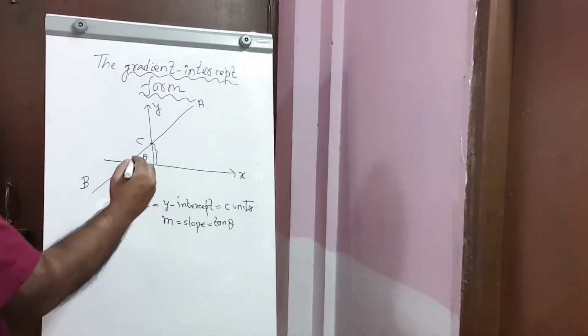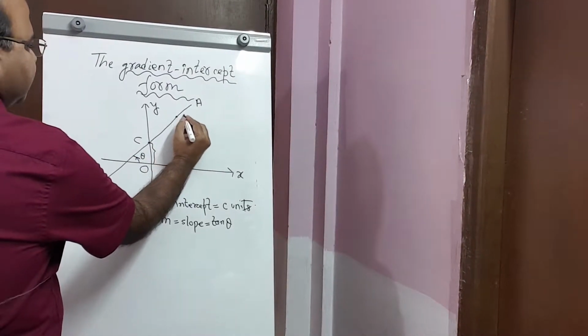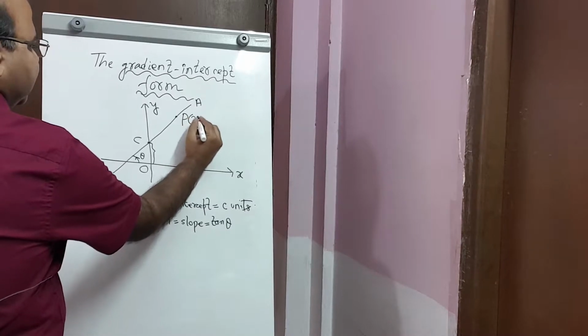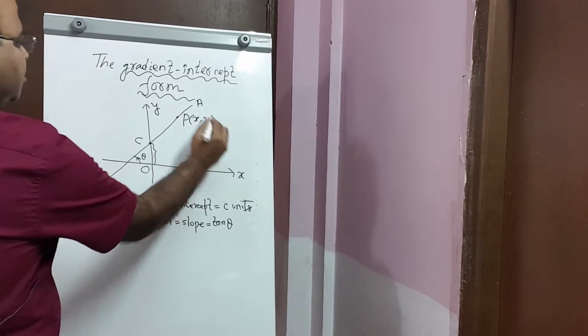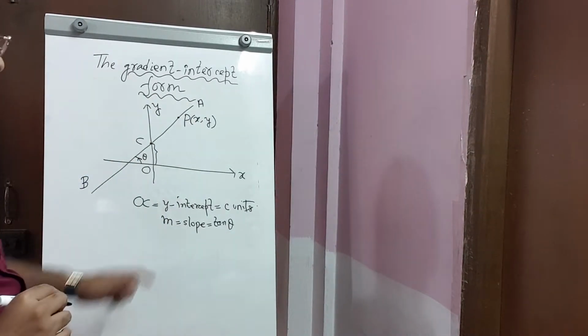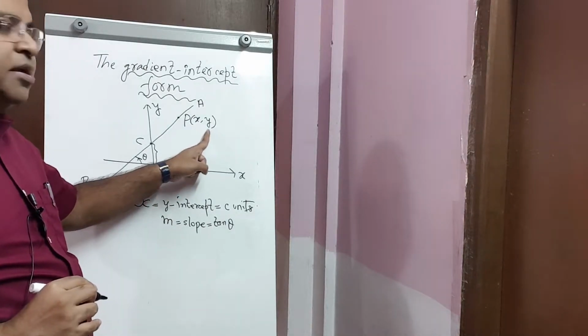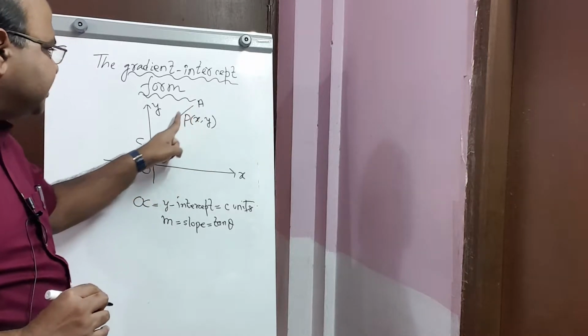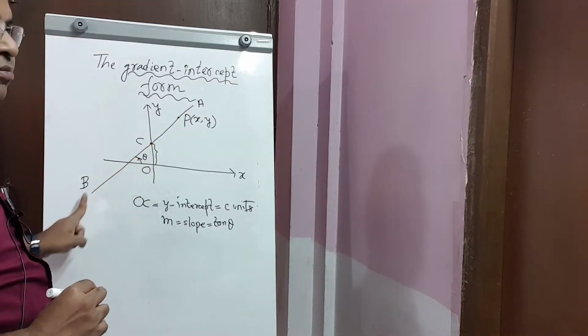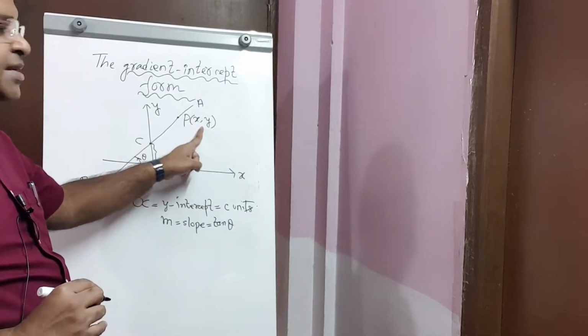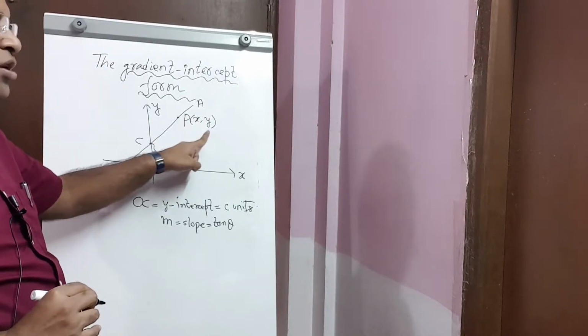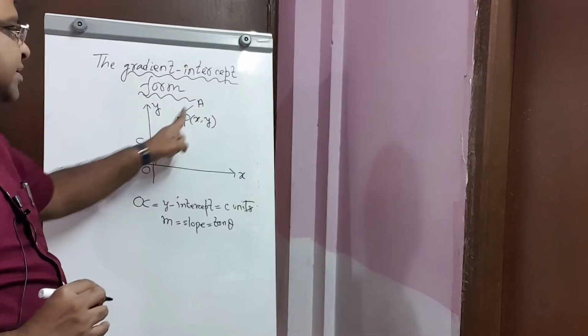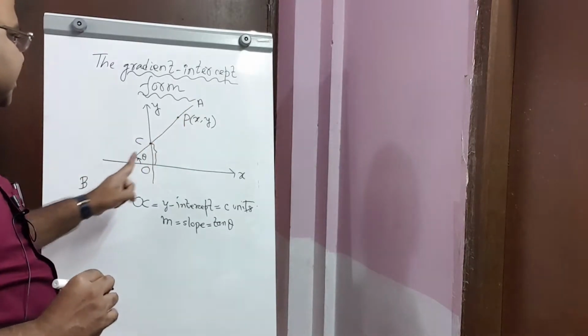Which means if I choose an arbitrary point, say P, x comma y, on this line, we have to establish a relation between x and y such that this relation is satisfied by each and every point on this line. Then such a relation established between the abscissas and the ordinates of all the points on this line will be considered as its equation.